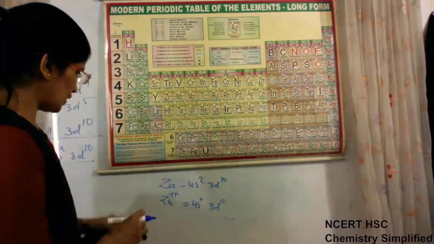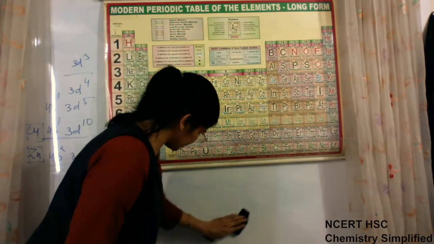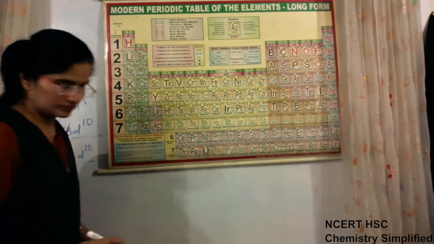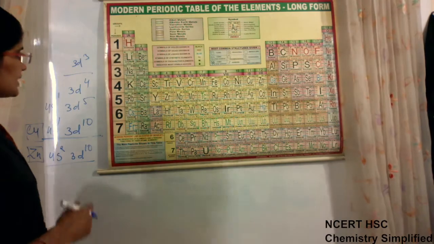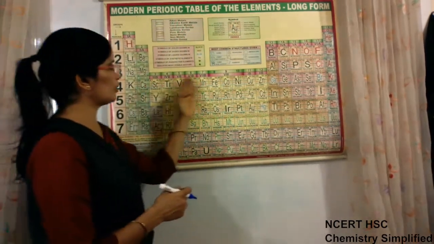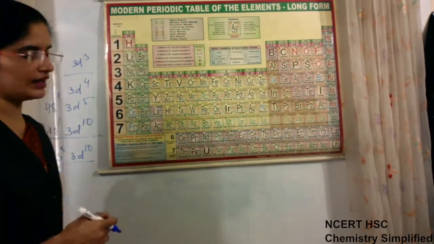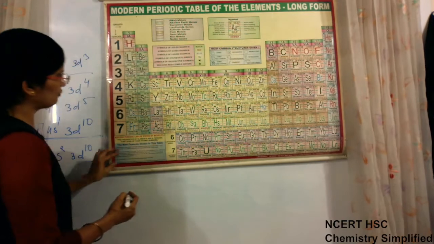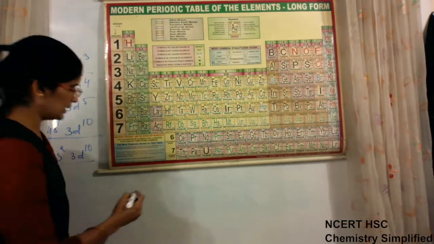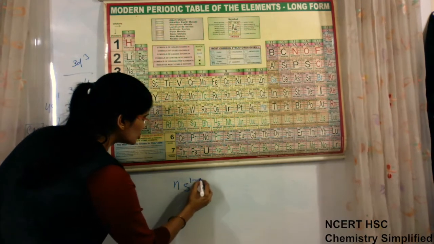Clear? Now we saw that whenever d block element filling of the electrons is taking place, first filling of 4s will take place, then filling of 3d, and then filling of 4p will take place. So outer electronic configuration of d block elements can be written as ns 1 to 2.